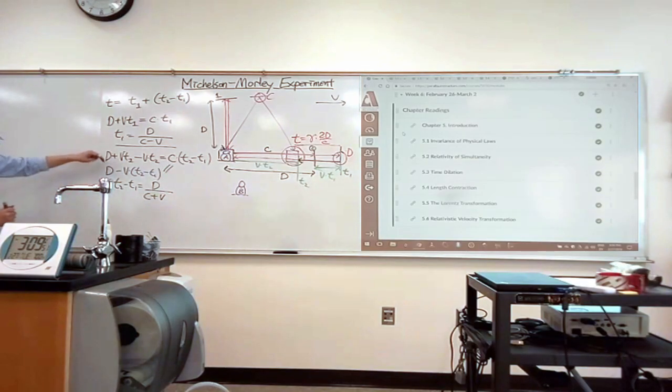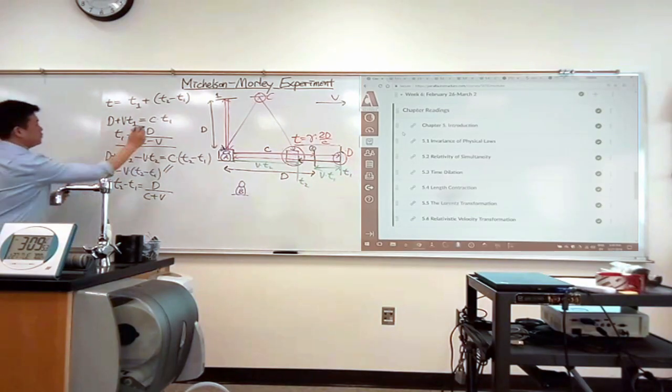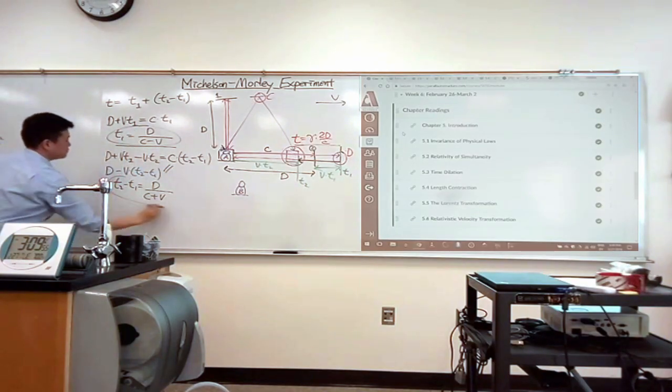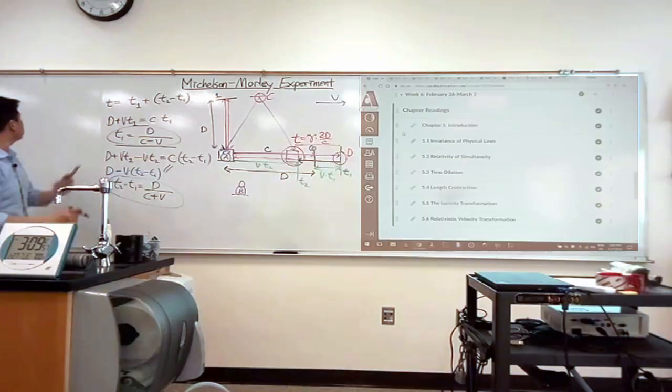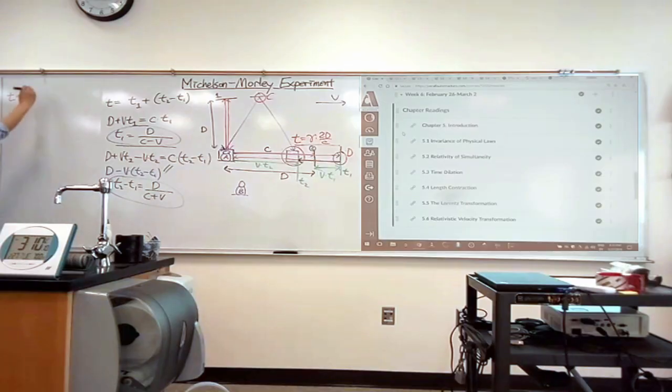Let's plug these two expressions into up here and see what we get. I'm just going to move back here and write those expressions down. So total time t is equal to d divided by c minus v, plus d divided by c plus v. Let me combine the fractions.